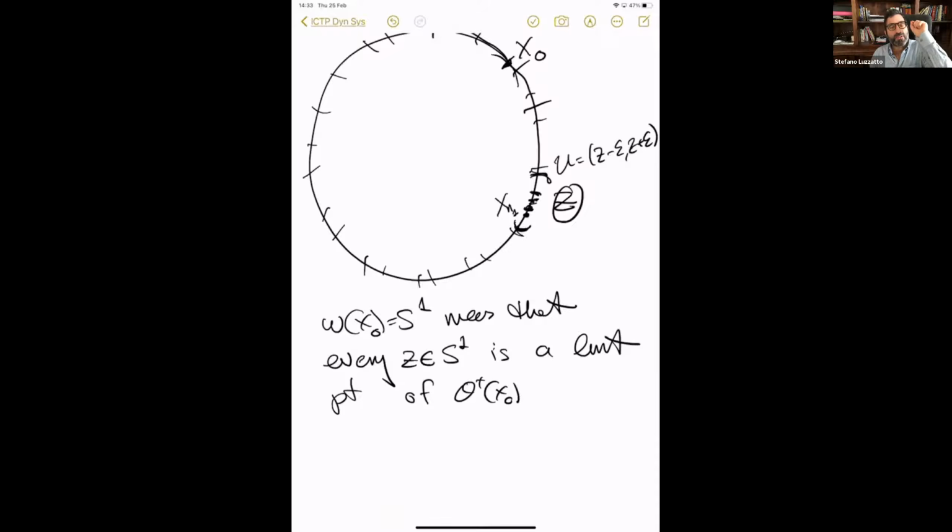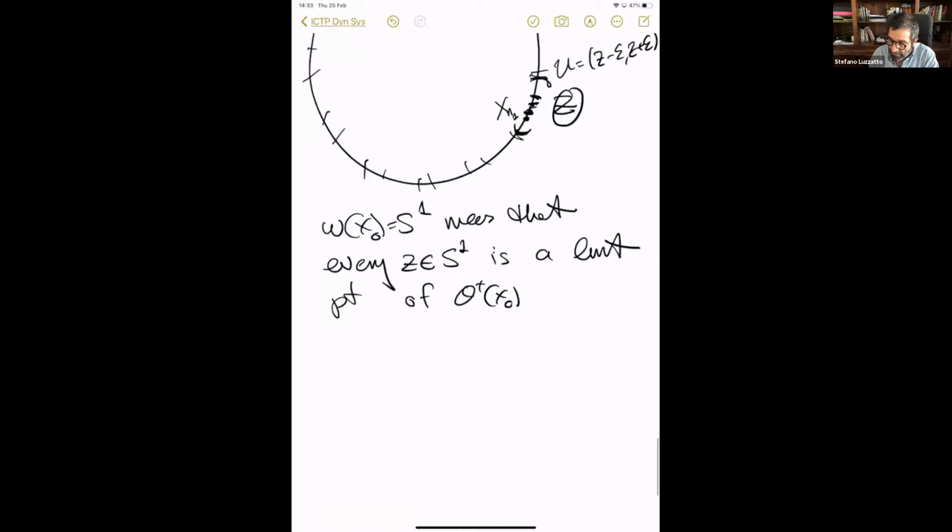So we need to show that for every z and for every neighborhood of z, the orbit of x naught intersects this neighborhood. This is the same thing as saying that the orbit of x naught intersects every arc, however small, of the circle.